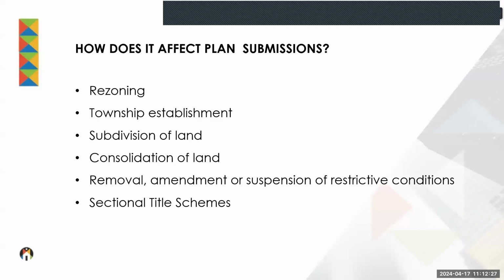There are rules for township establishment. Township establishment means that where you take virgin land, like agricultural land, and redevelop it as a residential area or a business area, those requirements must be put in. In other words, the reuse of gray areas, brown areas, green areas, etc. The requirements for the subdivision of land, as well as for the consolidation of land.